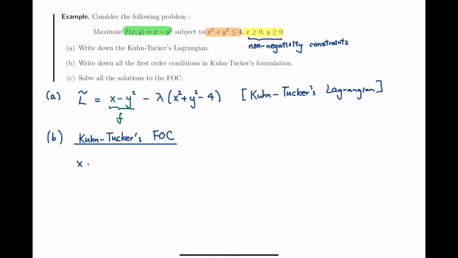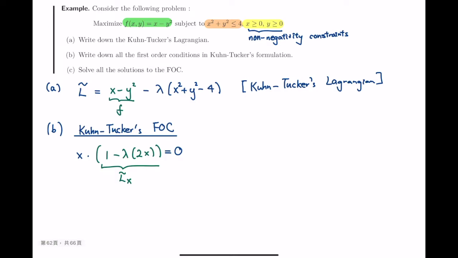So you will differentiate to obtain 1 minus lambda 2x. So this is L tilde differentiated with respect to x, and you want this to be 0. And then you do it for every single variable. So you have y times, when you differentiate L with respect to y, you get minus 2y minus lambda 2y equals 0. So this is L tilde y.